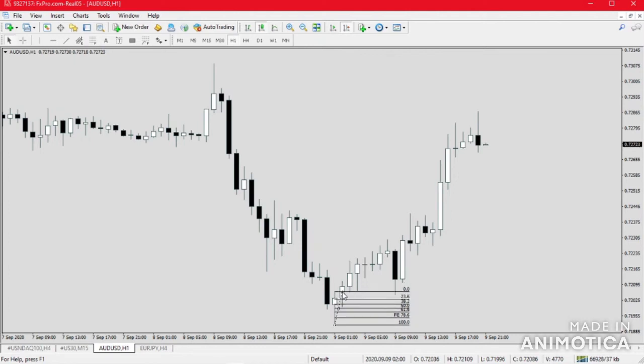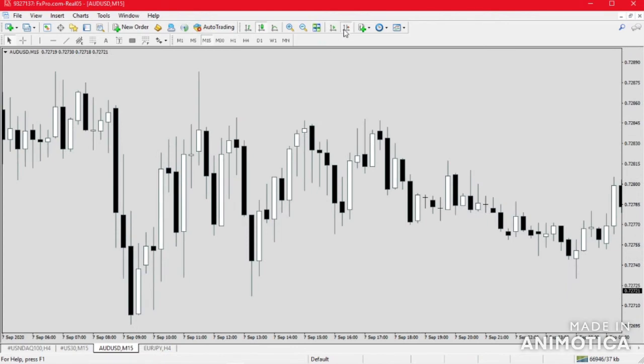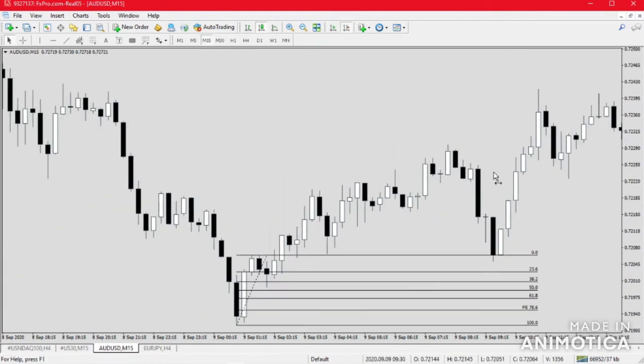Then we move down to the 15 minute, and we made a U-turn on the 38.2 level. So this can help you avoid as much drawdown as possible.